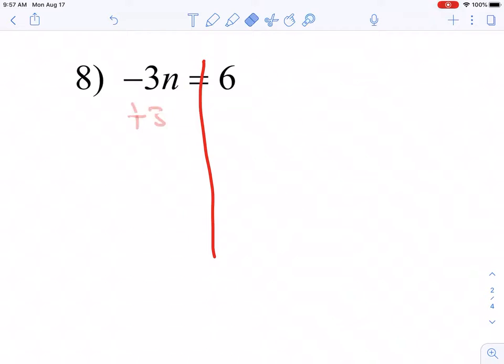We have to use division to cancel out multiplication. So I'm going to divide -3 to both sides. That makes these cancel each other out to create just a 1n. The other way that we can do this is we can just write it as a regular n.